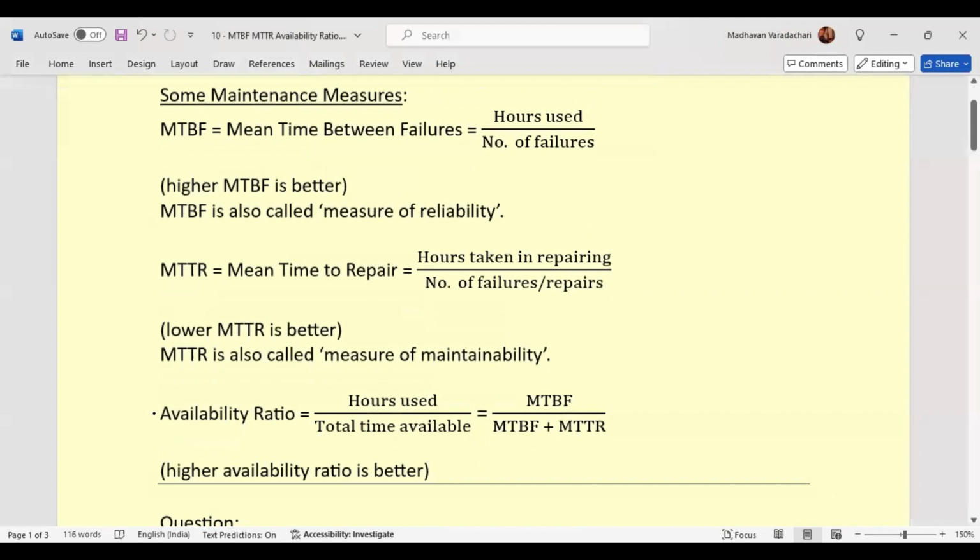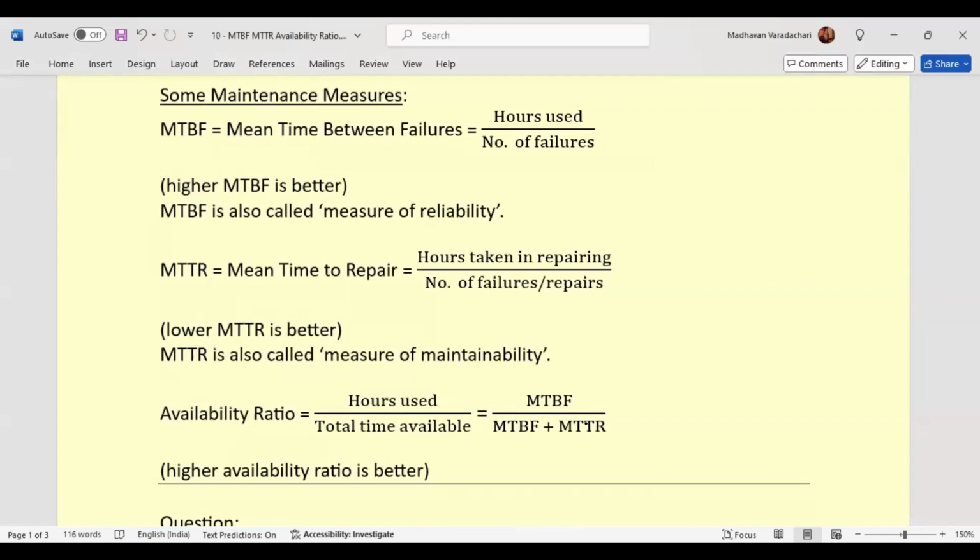Then we have the third measure, which is availability ratio, that is calculated as hours used divided by the total time available. Total time available means hours used plus hours taken for repairing. That will come in the denominator. So if the hours are known, we will use the first formula, but if we don't know hours, but we have MTBF and MTTR, then we can use MTBF divided by MTBF plus MTTR.